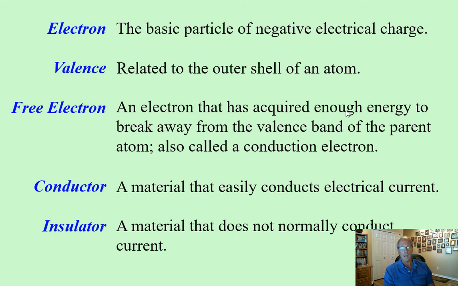And an insulator does not have any of these free electrons. They're tightly bound to the nucleus, so it's not going to give up easily. It still will if you put enough through it, right? Like lightning, it'll blast right through it. But generally speaking, an insulator will not pass any current.